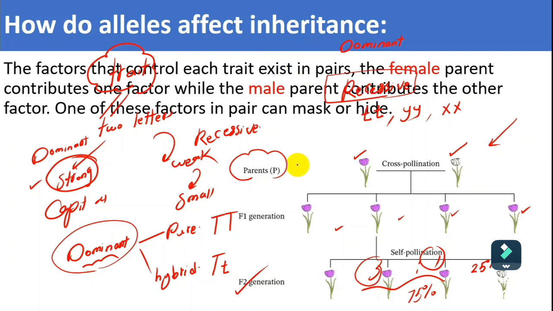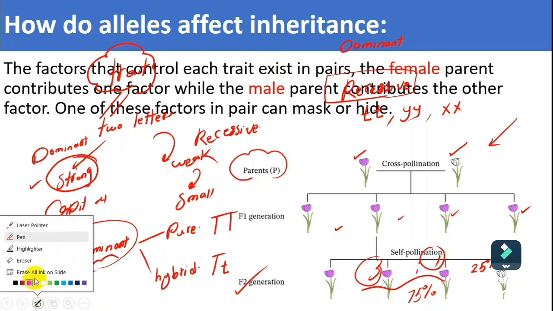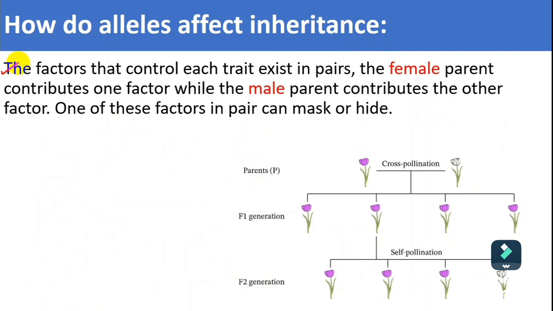So again, this means that the factors that control each trait exist in pairs. Why do they exist in pairs? For example, a trait like yellow pea plant is symbolized by two factors.